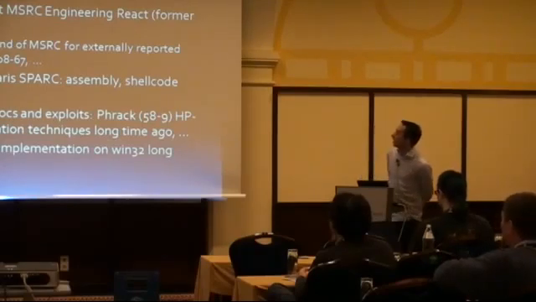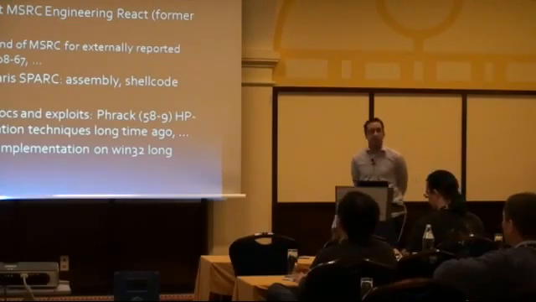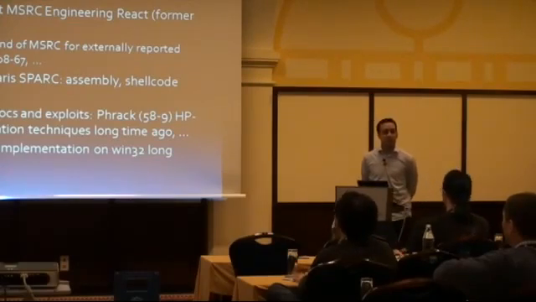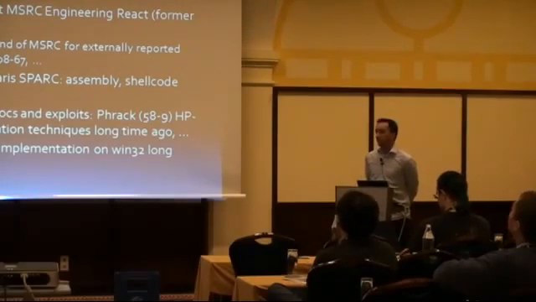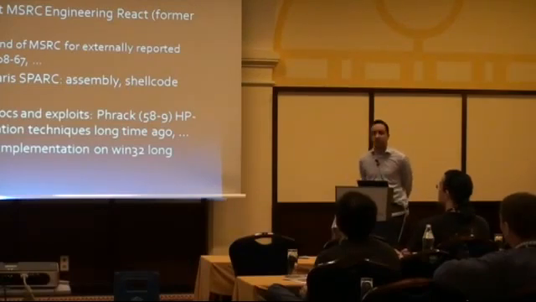So I'm a security engineer in the MSRC Engineering React team, formerly known as SWI, Secure Windows Initiative. We're the technical background of MSRC operations teams. I've been dealing with a lot of cases for 3 years, and for example, I was the one in charge of MS08-067. Anyone familiar with this case? Conficker, NetAPI.